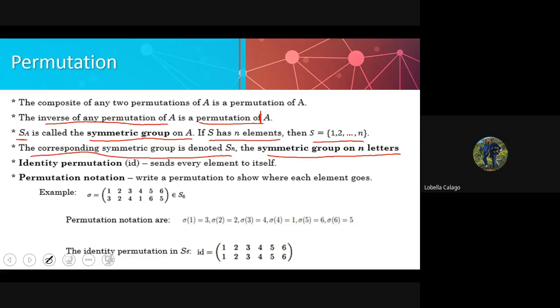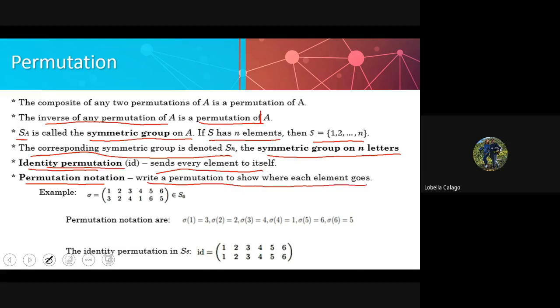So, the identity permutation. So, what is this identity permutation? It sends every element to itself. Yun po yung identity permutation. So, ngayon, meron din tayong term na permutation notation. Permutation notation is writing a permutation to show where each element goes.